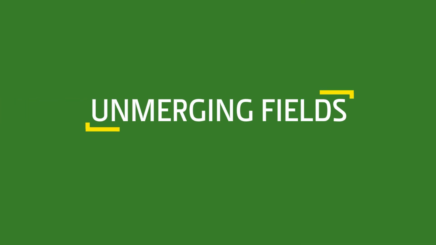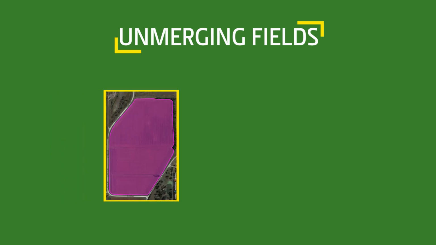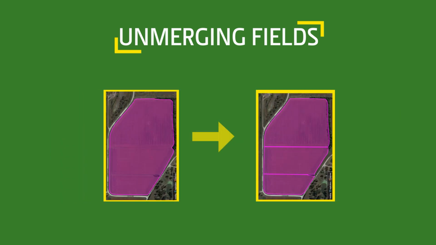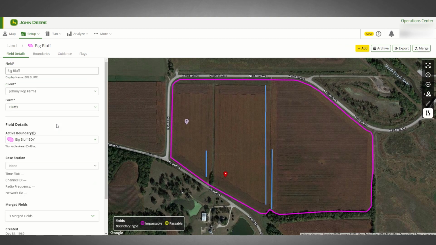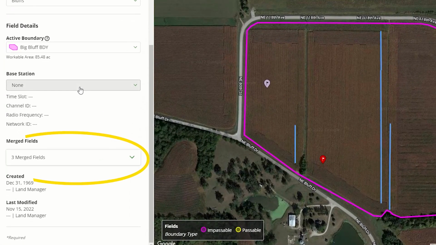Next, we will detail how to unmerge a field. It can be easy to merge a field by mistake. Fortunately, fields and boundaries and their data can be put back into their original place. Again, ensure you are in Land and in the Fields tab. Select the merged field that contains the field you wish to unmerge, which will open the Field Details panel, and scroll down to the Merged Fields section.